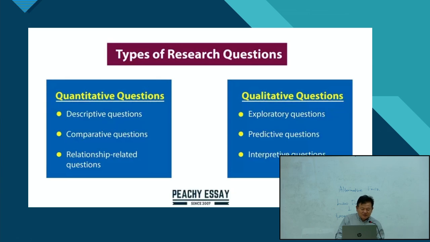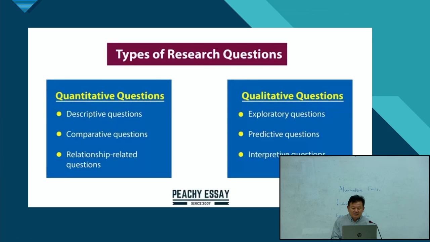So there are three types basically, but the basic division is into two. Quantitative questions include descriptive questions, comparative questions, and relationship-related questions. What is the relationship? What is the comparison between A and B? And also descriptive questions. These are quantitative questions.